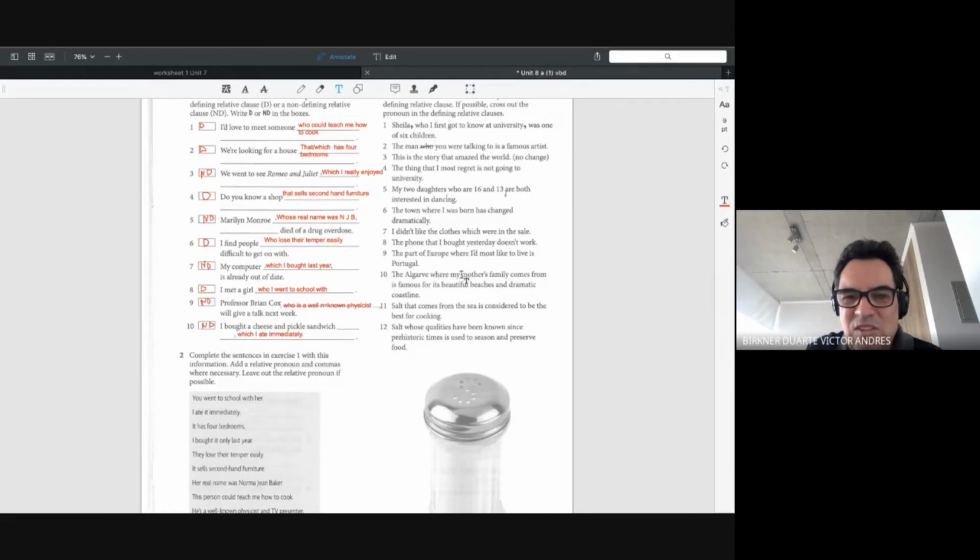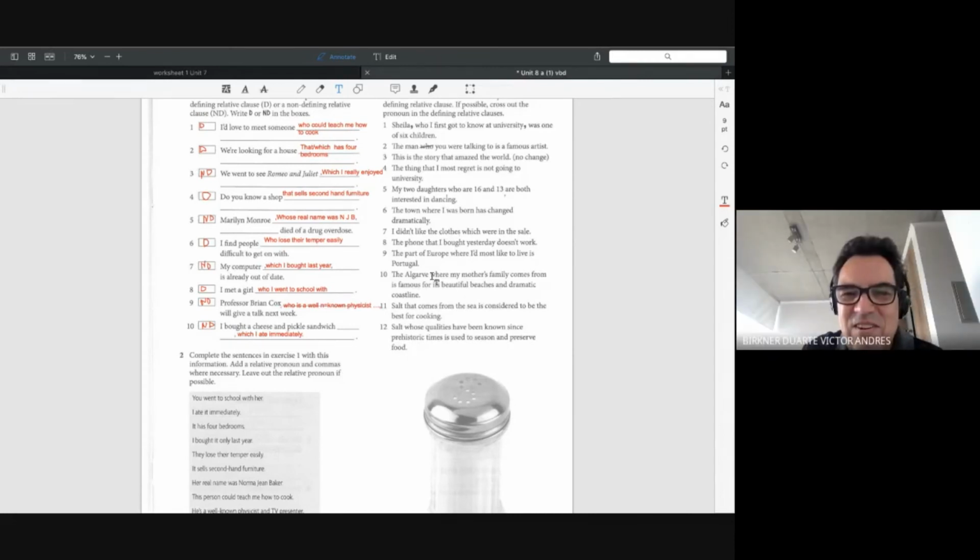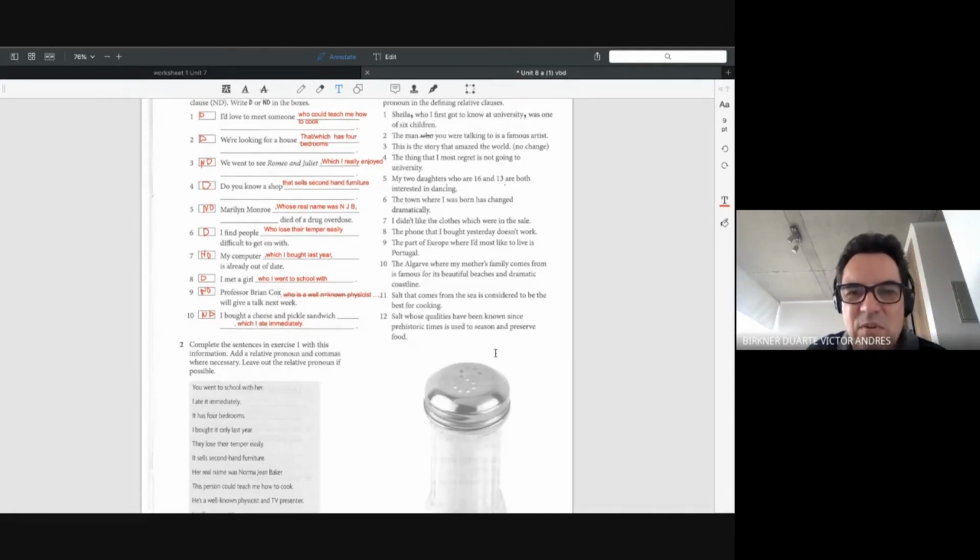The phone that I bought, yes, we can omit that. Very good. Do we need commas there? Can we insert commas or not? No, because it is a defining clause. Very good. So the only thing that we can do is to omit the relative pronoun that.